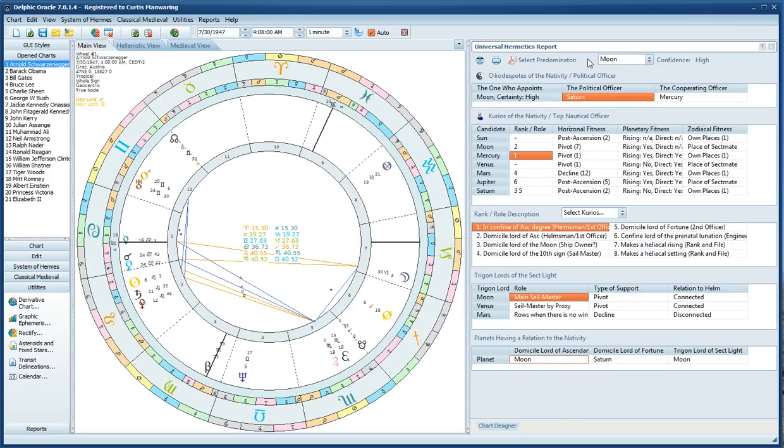Since this is a nocturnal chart, we look at the position of the moon, and because it's angular, at least topically, it's not so much in terms of the idea of goading. There are really two meanings to the idea of kentron. One is a circle of activity around which something revolves, and the other is to act as a sort of goad.